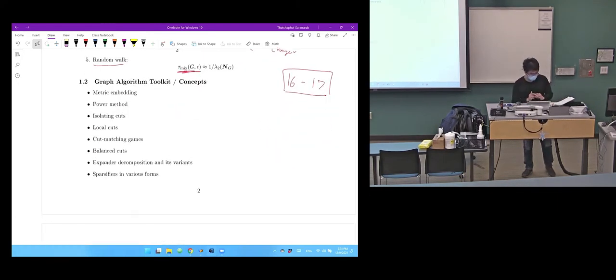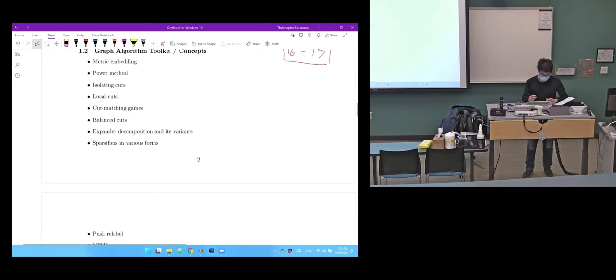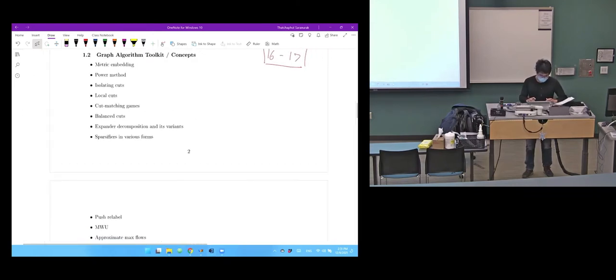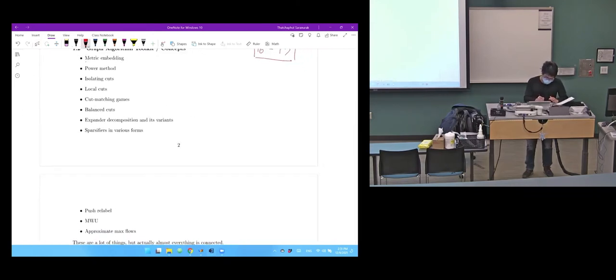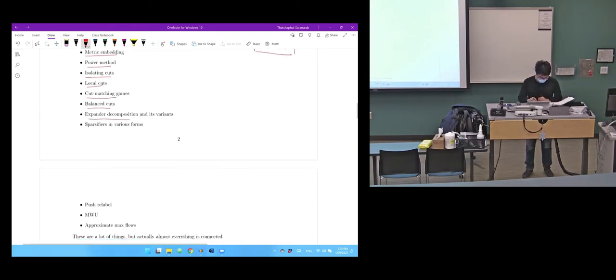For the second part, it's not just the structural things that you have seen, it's also the algorithm toolkit or concepts. There are a lot of things that you have seen: metric embedding, power method, isolating cut, local cut matching game, balanced cut. Almost everything is connected.